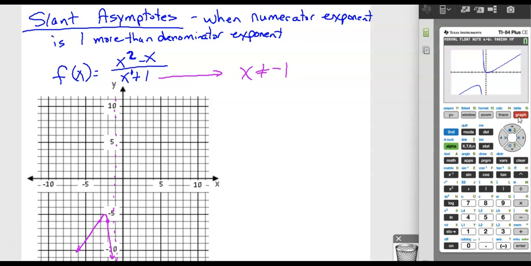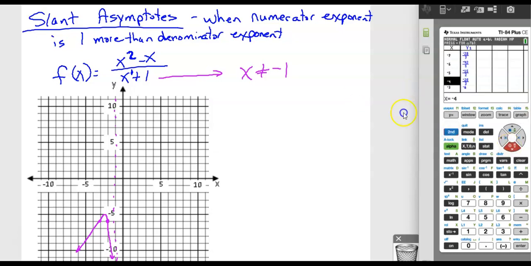Now, how do I know where the diagonal is? We could just copy points here. So notice what happens on the other side of -1. Here you have 0, 0, which is an easy point to graph. 1, 0. 2, 2/3.